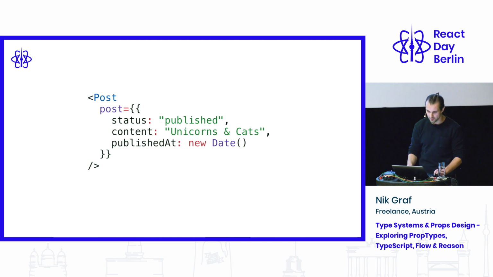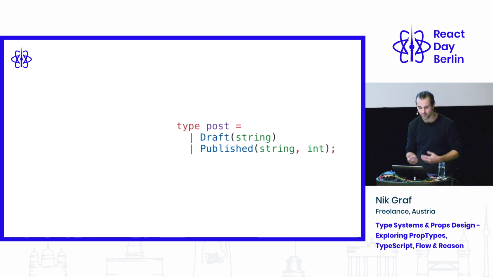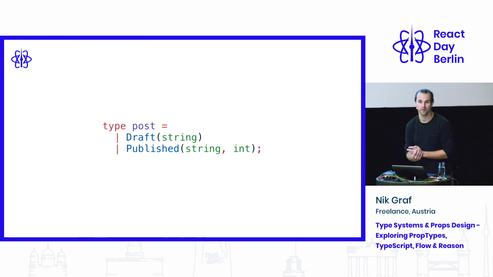Obviously, with Flow, you can also do this. You basically paste in a post as an object. Let's look at Reason. In Reason, as I told you, we have this union thing built into the language, and you can create a type post that has these special things. They are called tags or constructors.